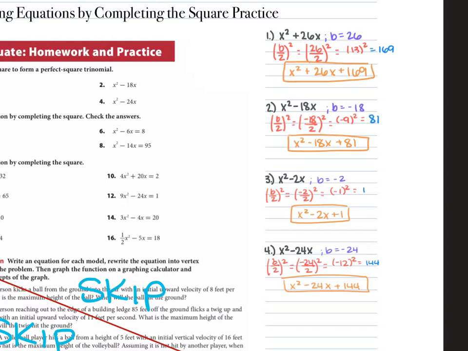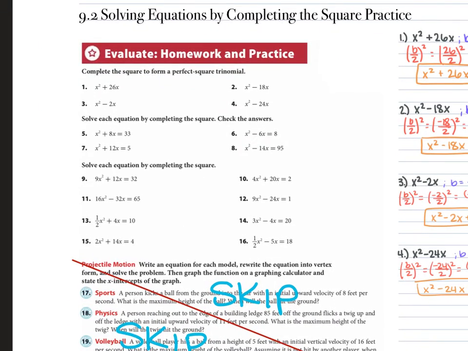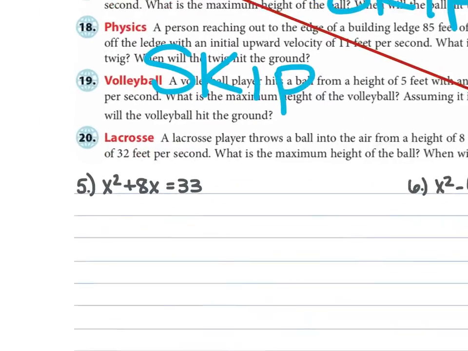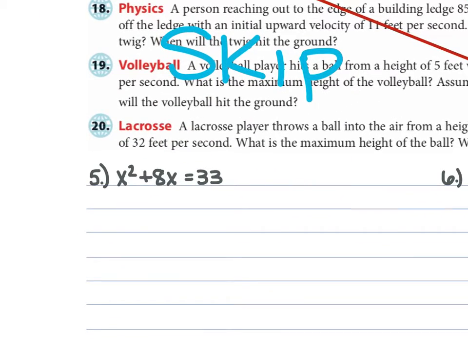For 5 through 8, we are solving by completing the square. So for 5, we're given x squared plus 8x is equal to 33. So our constant's already on the side by itself. So we are going to find our b, which in this case is 8. We're going to do b over 2 squared.